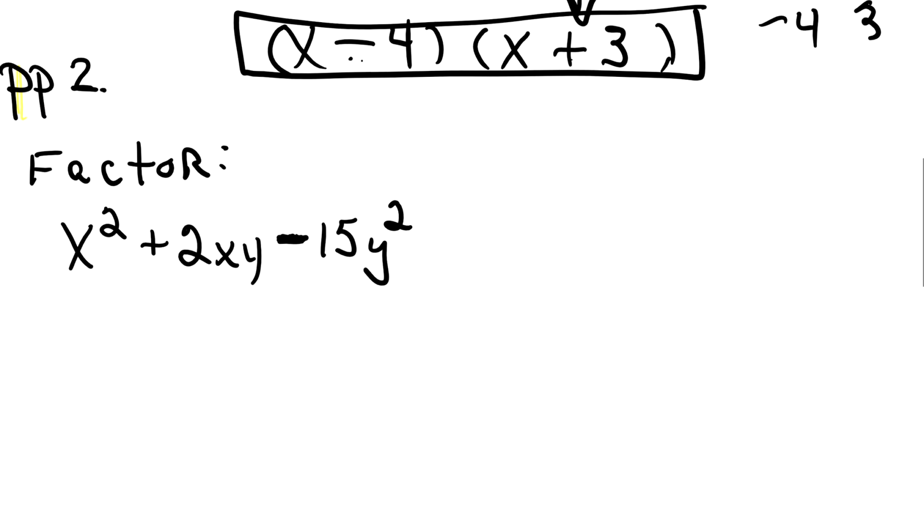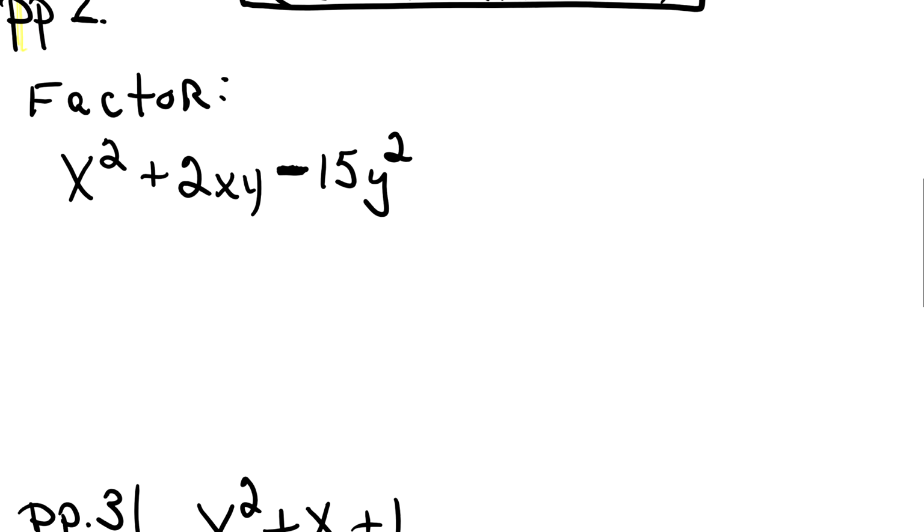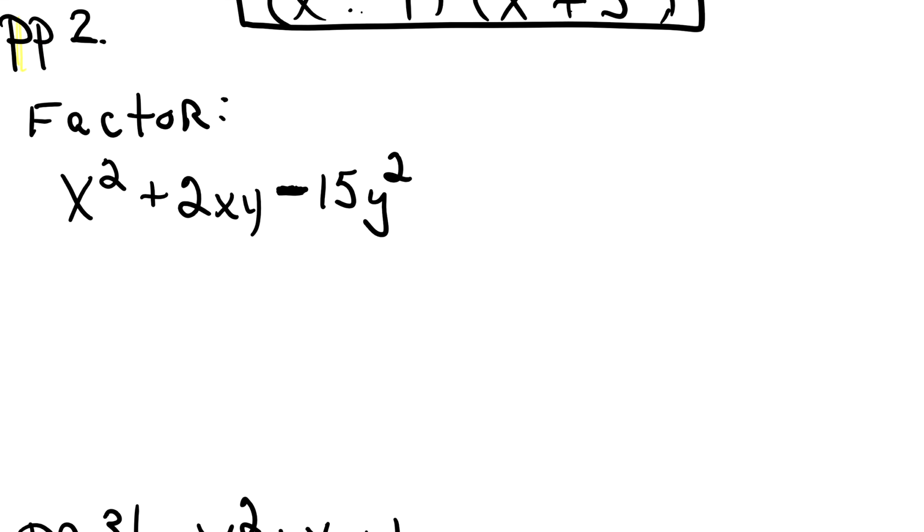Okay, let's try this one. Practice problem 2, I'm going to factor this. Now notice I've got a y squared at the end, kind of matching my x squared at the beginning. So what does that mean? My lead coefficient is 1 still. So again, I can set up my parentheses and fill in my answer.